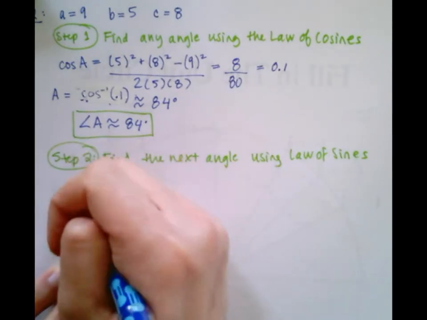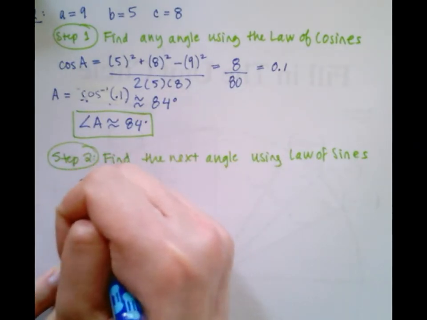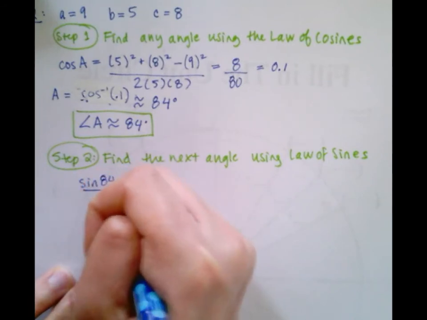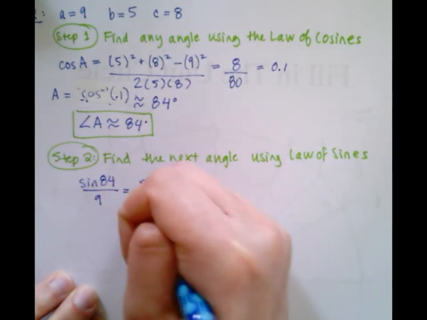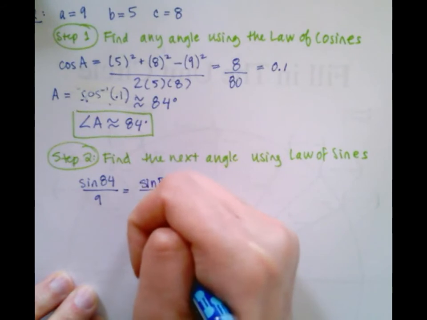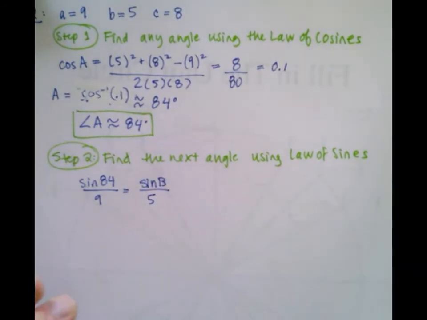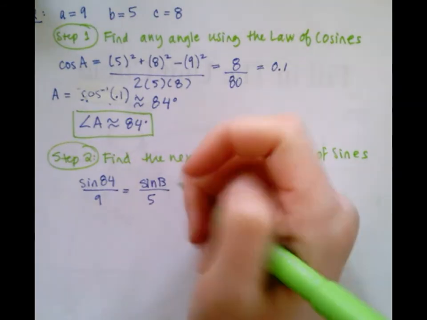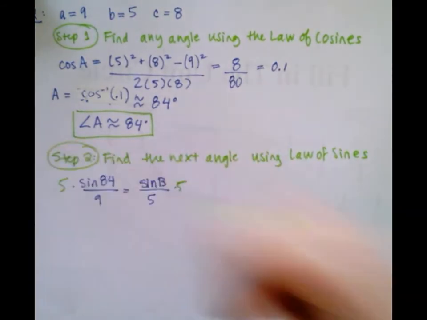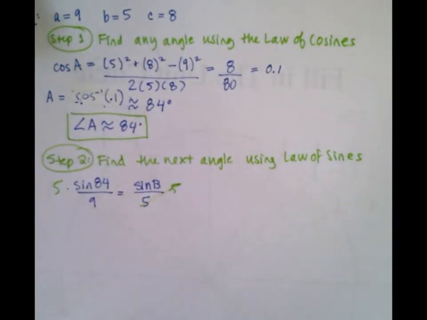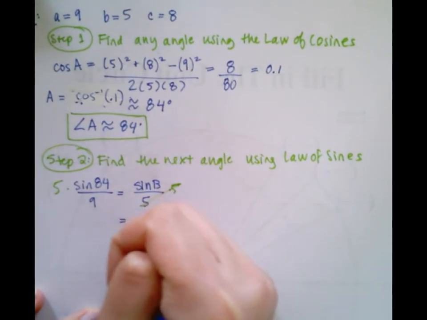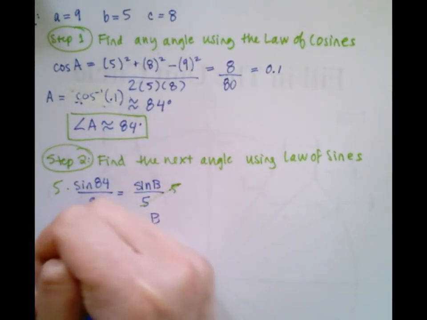So I know it's got to be sine A over a, which would be sine 84 over 9, is equal to, might as well find B next, sine B over 5. So then to get sine of B by itself, I would multiply both sides by 5. So sine B equals 5 sine 84 over 9.